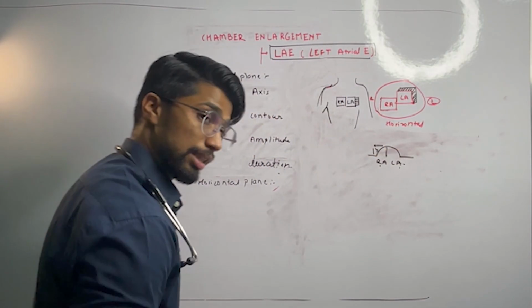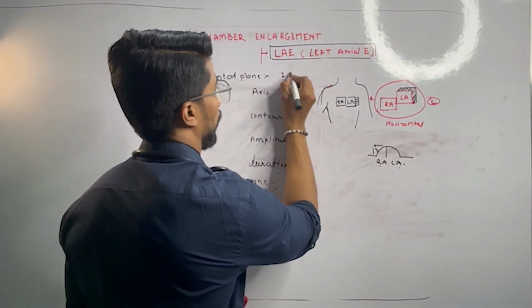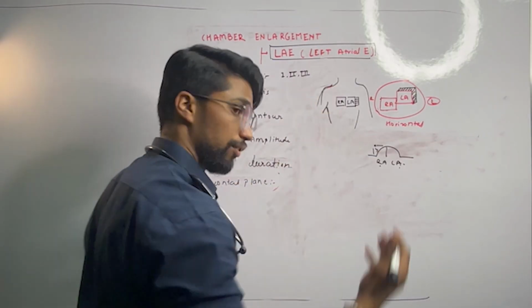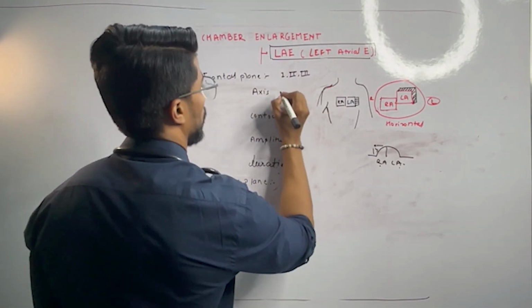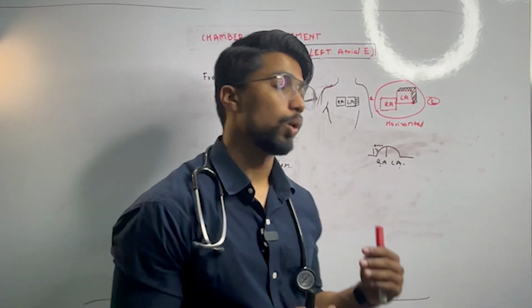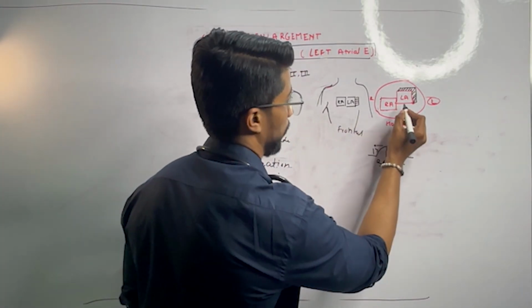So let's see what happens in the frontal plane. Frontal plane being leads 1, 2, 3, aVL, aVF, and aVR as well. So what's going to happen to the axis when the LA enlarges? This is the frontal plane which I've drawn, and this is the horizontal plane.